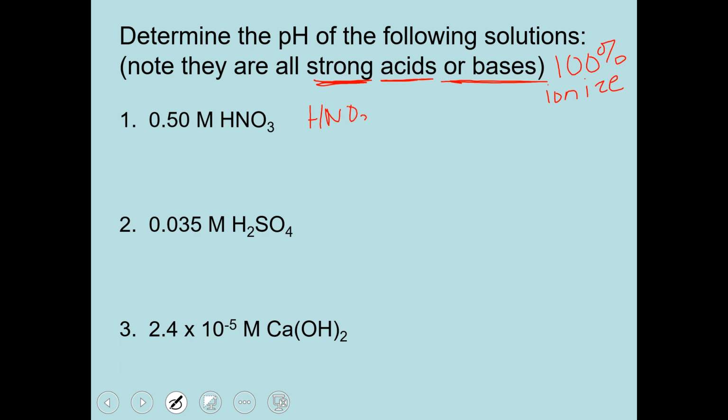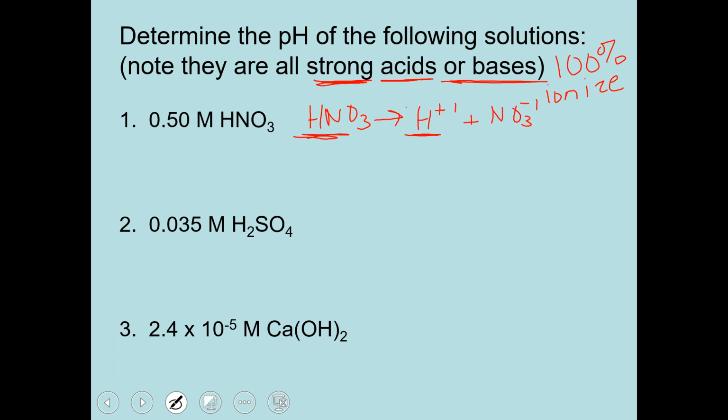When a molecule of HNO3 dissolves in water, it breaks apart into ions. Notice that it is a one-way arrow. This is not reversible. When it breaks apart, I only get one hydrogen ion for every one HNO3.